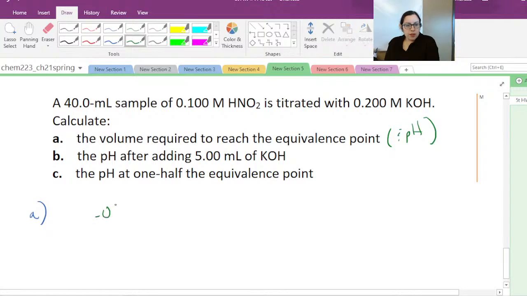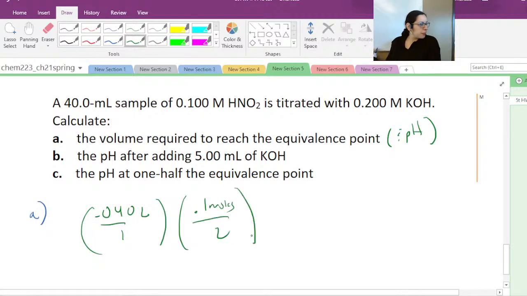So 40 milliliters of our nitrous acid. And then, so how many moles did you get from that then? So 0.004, right? How many zeros?